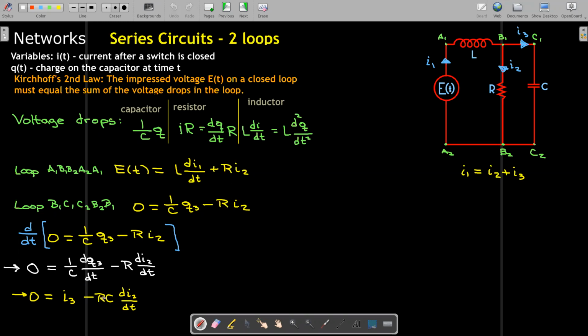And so I'll just have RC as a constant on the di2 by dt. So now I've got two differential equations, all involving the current or the derivative of the current, and we will learn later how to solve those equations.